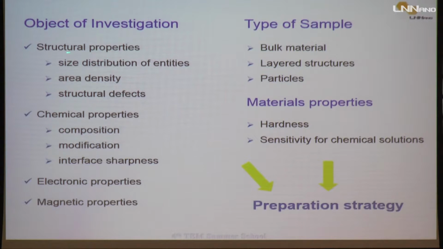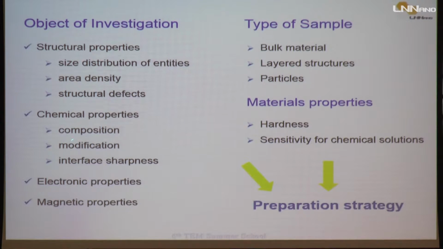We try to deal with structural properties. We can determine the size distribution of particles or chemical domains inside the sample, and so on, okay? We may want to see the area density of some characteristic of the sample or around the sample. We may try to deal with structural defects.